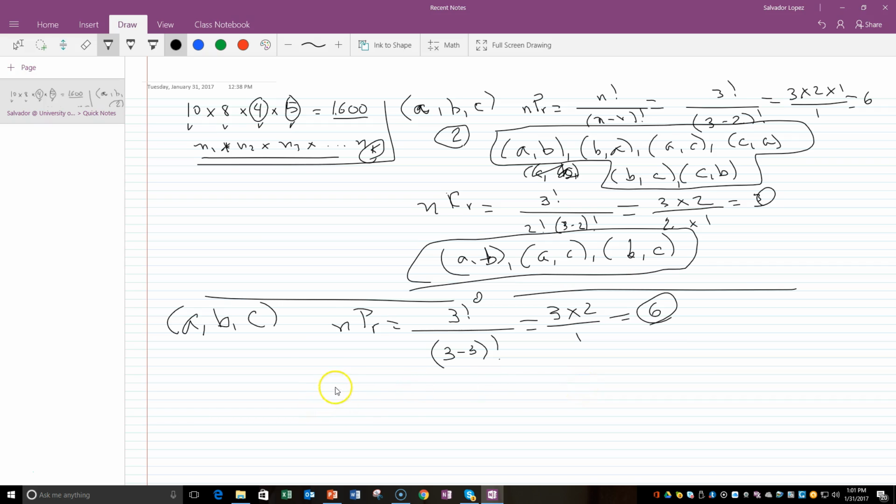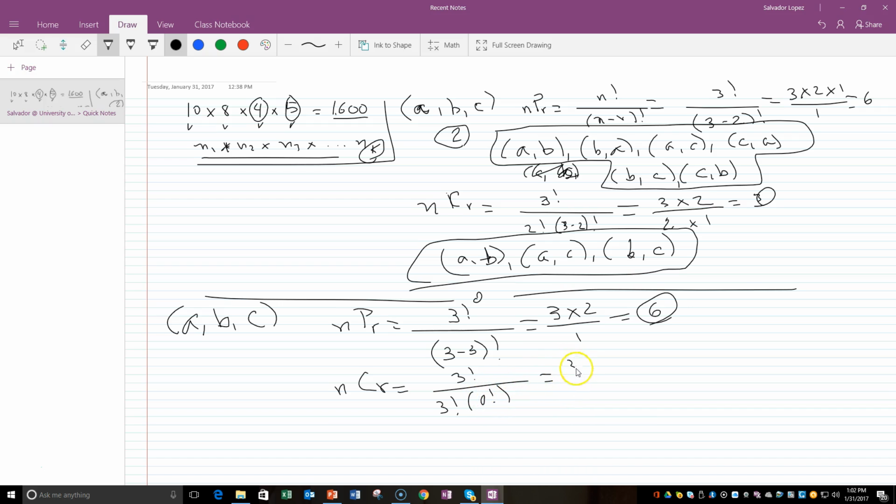And in how many ways can we select these 3 out of 3 if the order doesn't matter, in the case of combination? So it will be 3 factorial divided by 3 factorial. r will be 3, and then n minus r is 0 again, factorial.